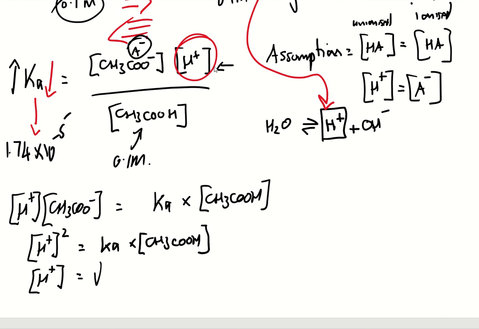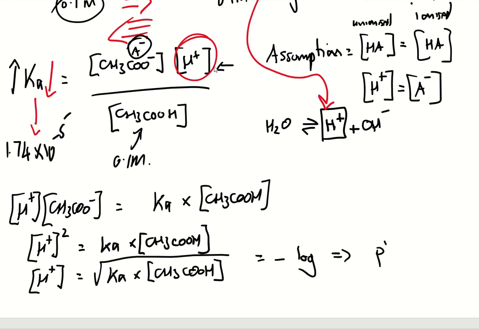Okay, so therefore I square root both sides. The square root of Ka times the CH3COOH concentration equals H+, and then we know that we minus the log of that to give us the pH. So no matter what information we get, we want to try and find that, although we might be given a thing called pKa.